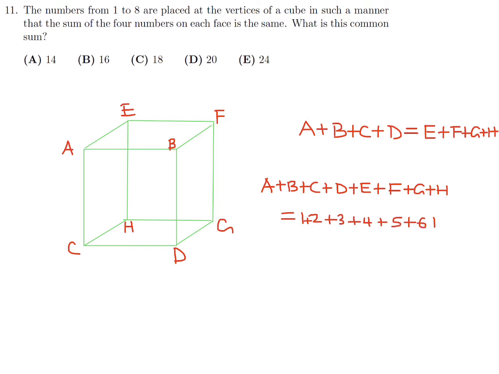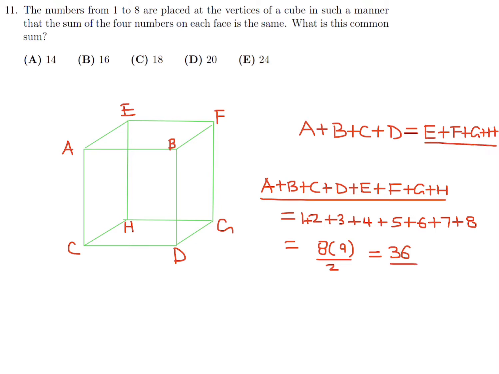So what is 1 plus 2 all the way to 8? Well, 8 times 9 divided by 2, and that is 4 times 9, which is 36. So all of these added together equal 36.